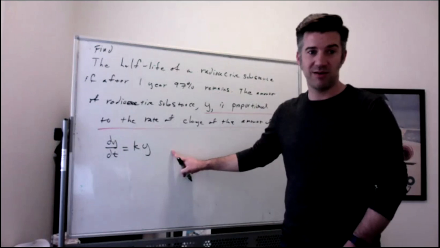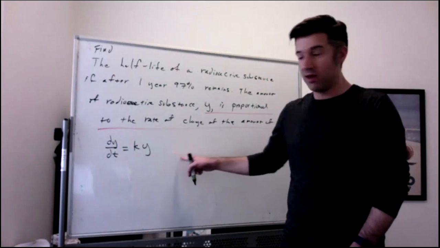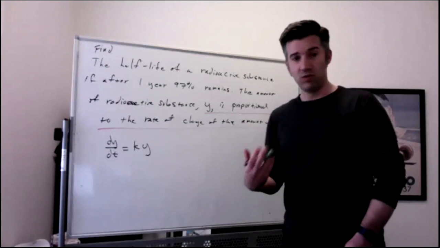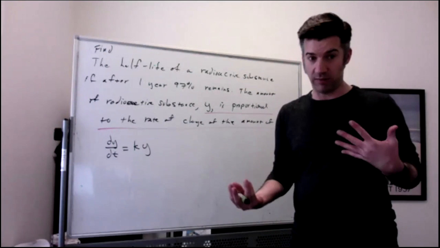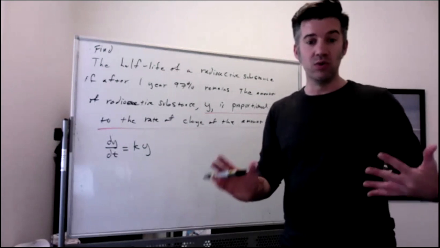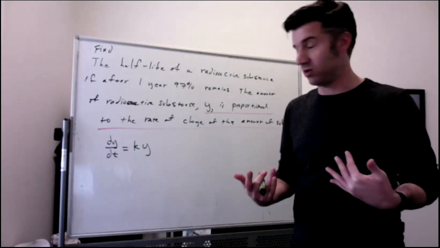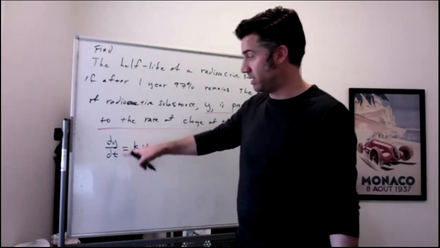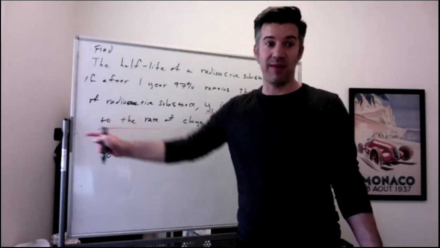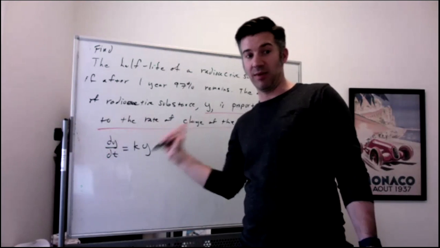So that's our differential equation that we're going to try and solve. Now, the usual way of solving this is to separate the variables. There are other methods, but usually if you can separate variables, you want to. When I see dy/dt over here, I know that the y's have to end up on that side and the t's on this side.